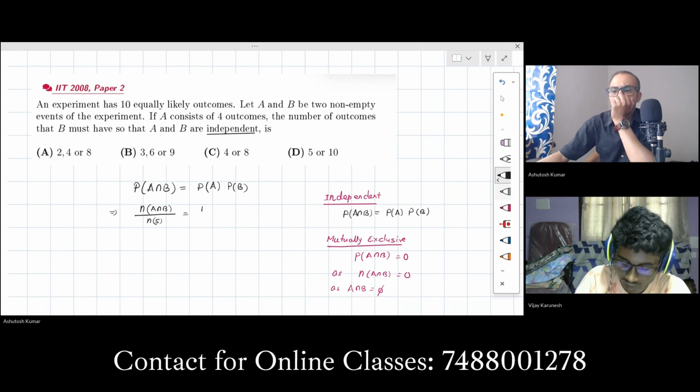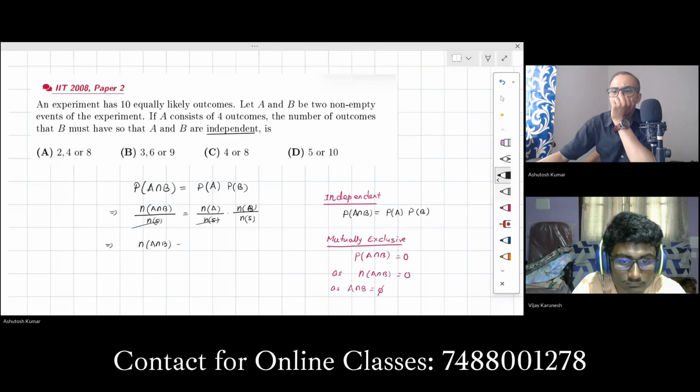And this side, number of A by number of S, and this is again number of B by number of S. Correct? Yes, sir. So we can cancel one number of S from both sides and we get number of A intersection B is equal to number of A into number of B by number of S, correct?